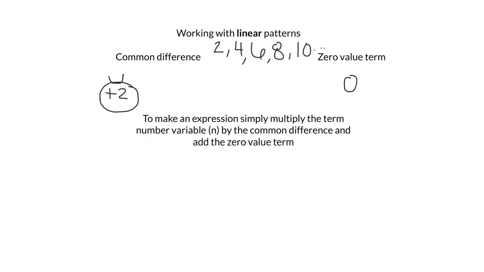So to make an expression, all you have to do is multiply the term number variable, or n, like we talked about yesterday, so the term number you're looking for, by the common difference, and then add the zero value term. So for this pattern that we're looking at right now, 2, 4, 6, 8, 10, that goes up by 2 each time, it would look like this.